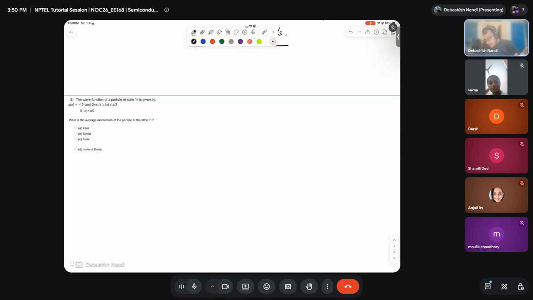Okay. The value of the wave function of a particle at state n is given by this. Fine. So it is given that my psi of x is square root 3 cos 2 pi by a x for mod x less than equal to a by 2 and 0 otherwise.